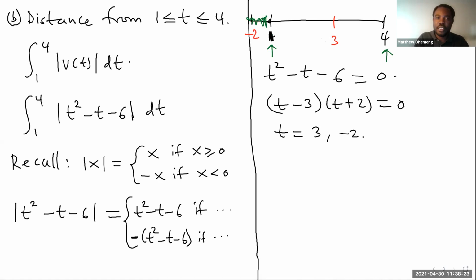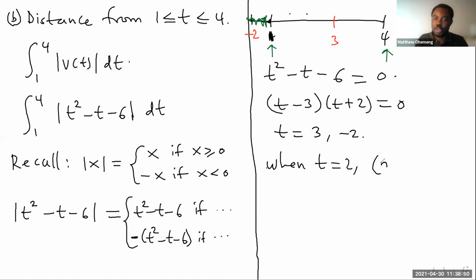So now for this interval, let's test. For the 1 to 3, is t squared minus t minus 6 positive in this region or negative? Well, let's pick a number in between the 1 and 3, say 2, and plug it in. When t equal to 2, what is t squared minus t minus 6 going to be?